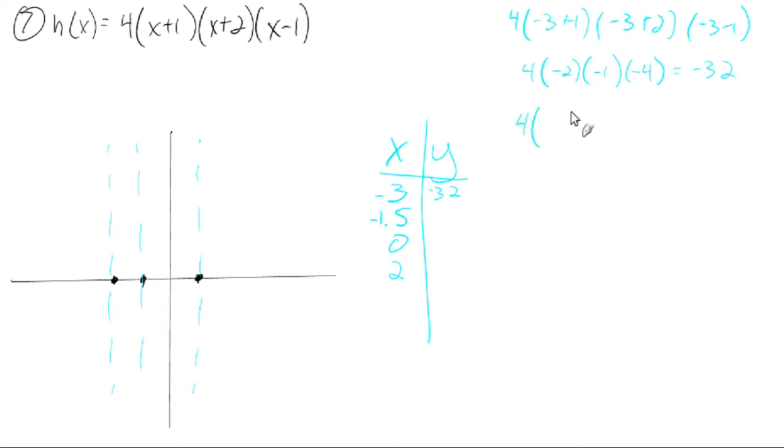And now 4 times -1.5, oh, no, sorry, not that. 4 times (-1.5 plus 1) times (-1.5 plus 2) times (-1.5 minus 1). So you have 4 times -1.5 plus 1 is -0.5. -1.5 plus 2 is +0.5. And -1.5 minus 1 is -2.5.